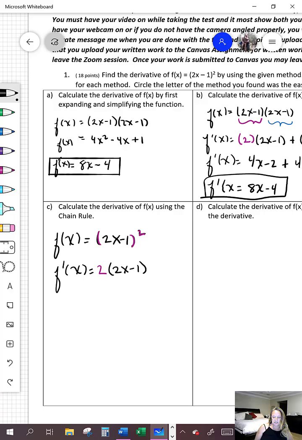Subtract our outer function, the exponent by 1, we get 1, times the derivative of the inner function. And the derivative of the inner function, 2x minus 1, is 2.